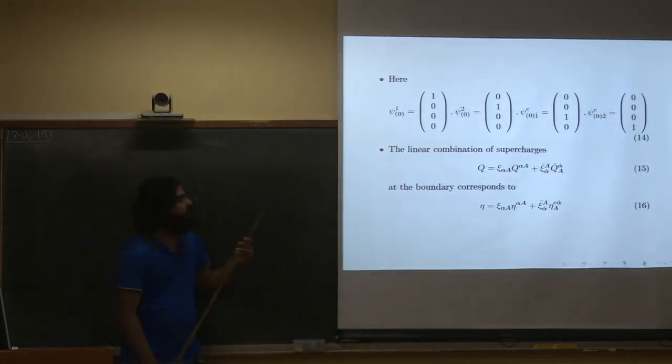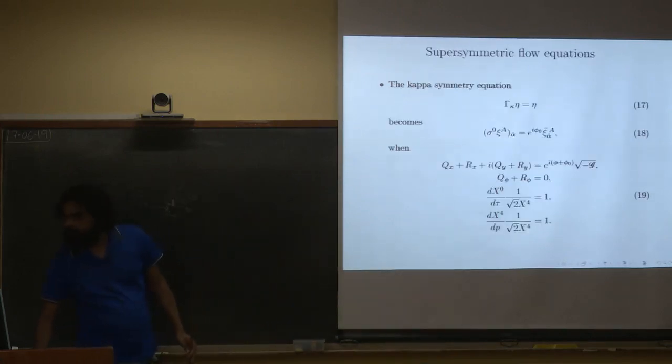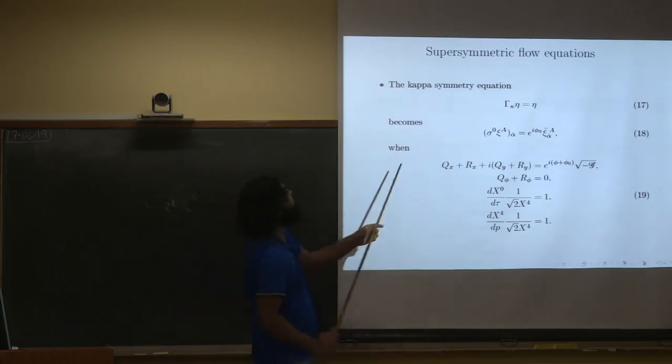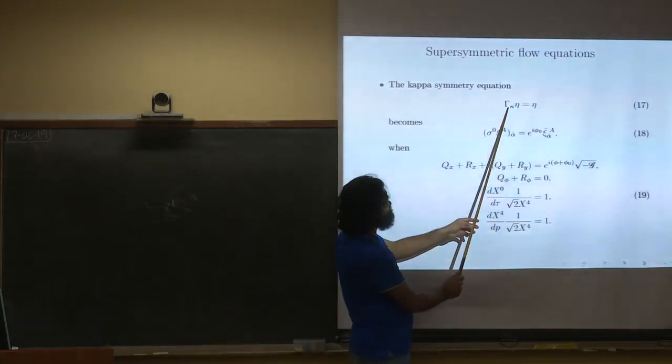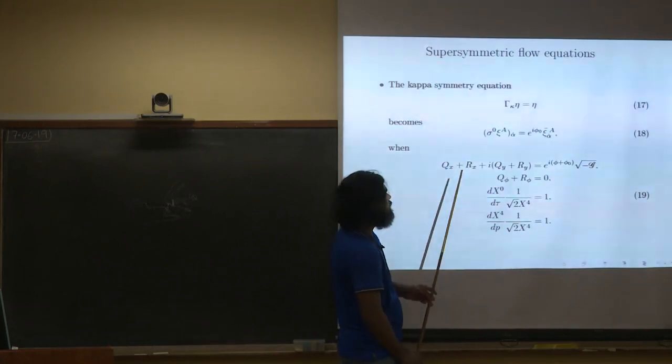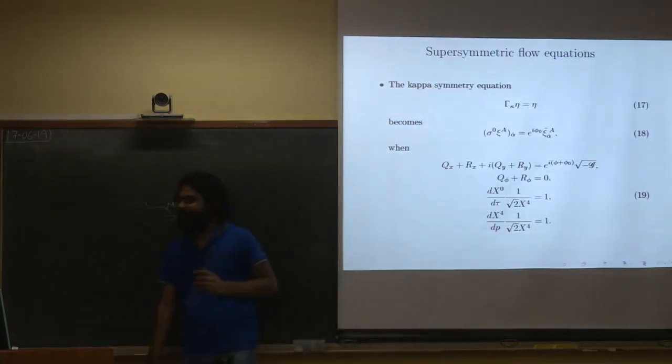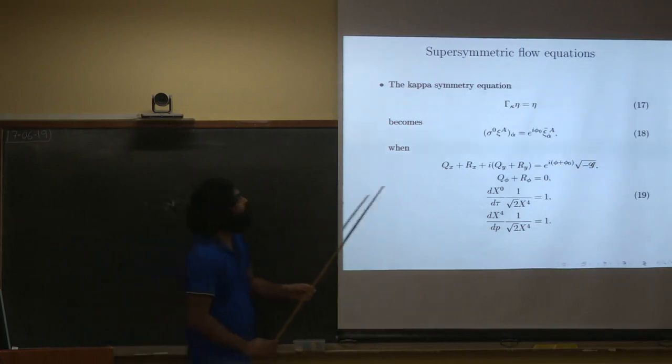So now we have this linear combination eta here. In the kappa symmetry constraint, we can write the eta, and we know gamma kappa, and we fill four blackboards, and finally we get a simple equation here.